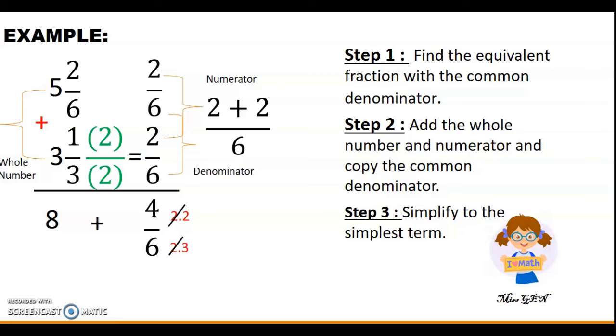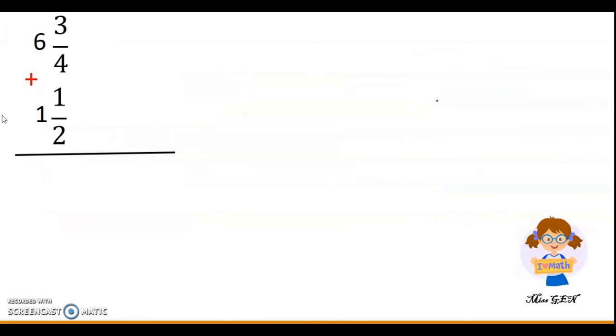So 8 plus 2 over 3. So our final answer is 8 and 2/3. So if you add 5 and 2 over 6 plus 3 and 1 over 3, it will give you 8 and 2/3.